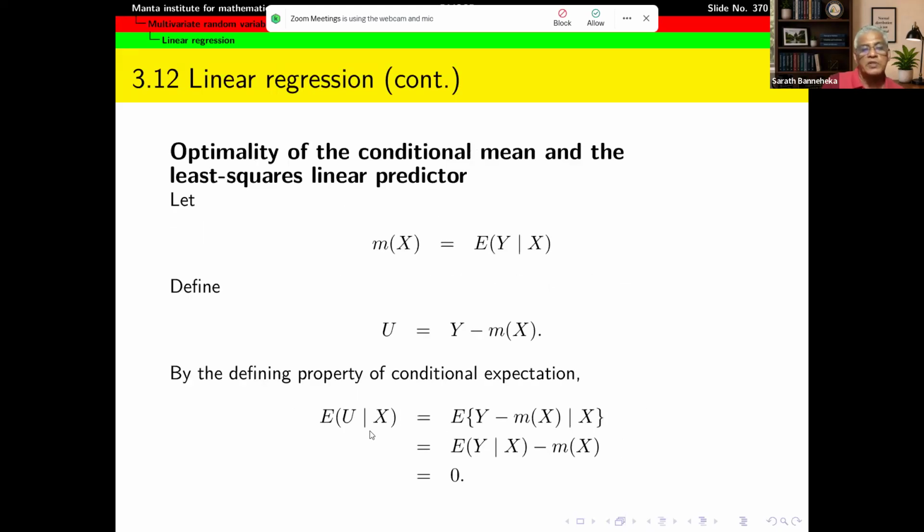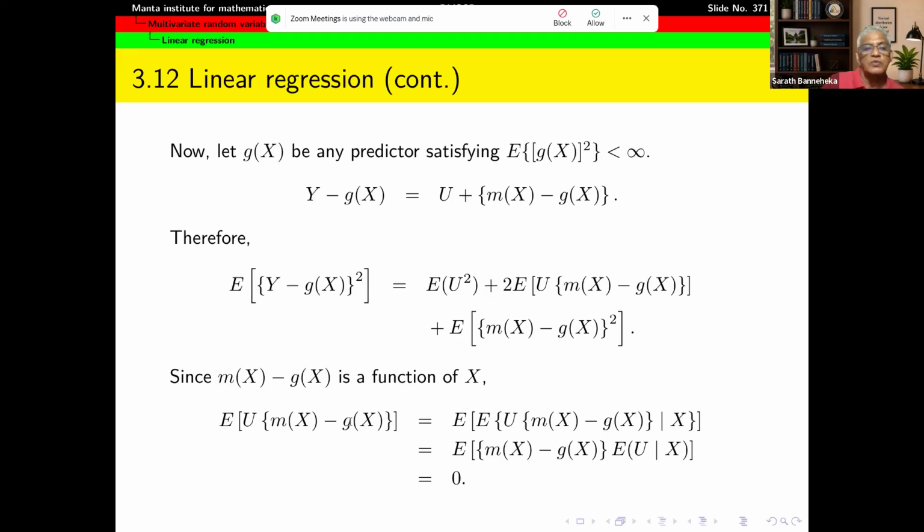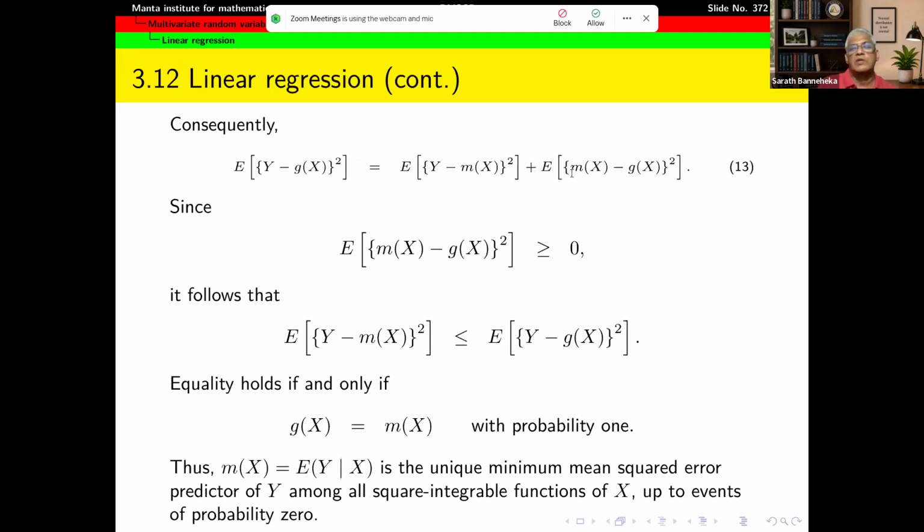We showed it here. So this term disappears or vanishes, and therefore the expected value of (y minus g(x)) squared is equal to the expected value of u squared plus this quantity. So consequently, we can get this one.